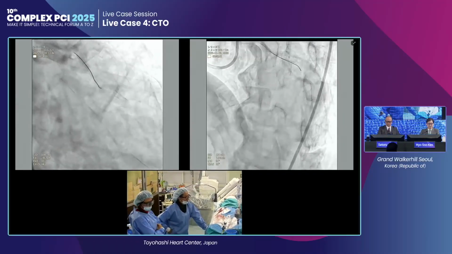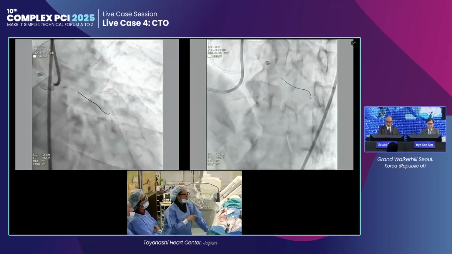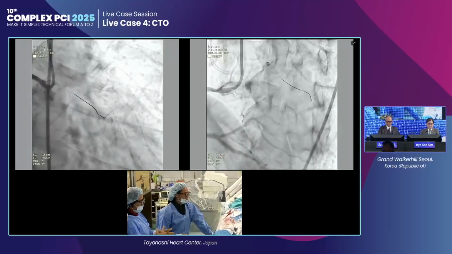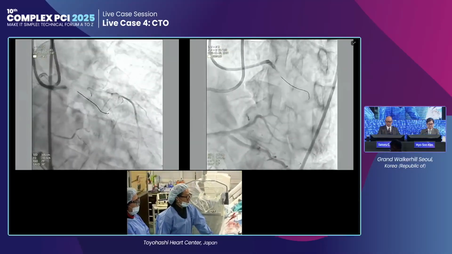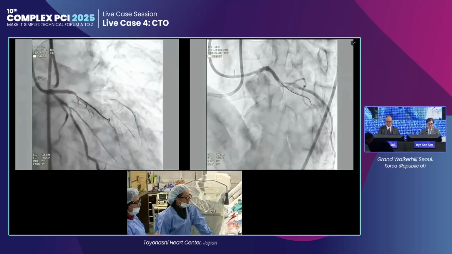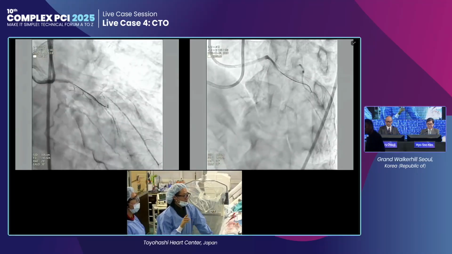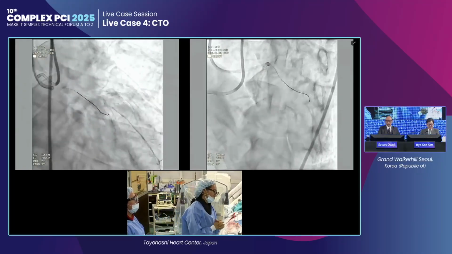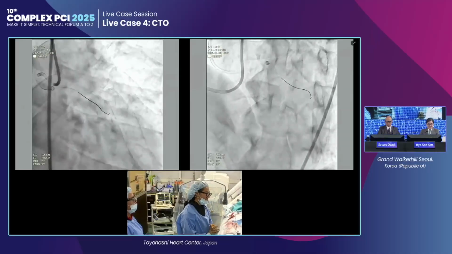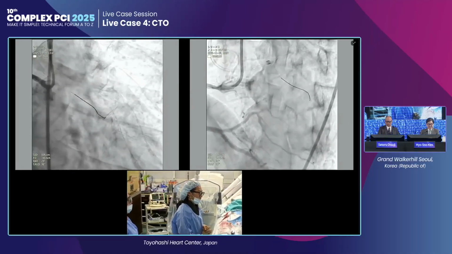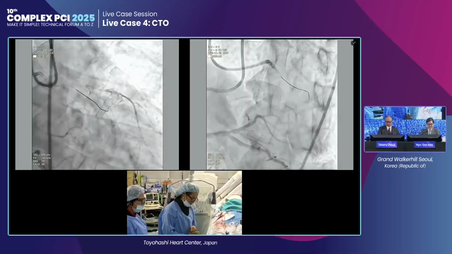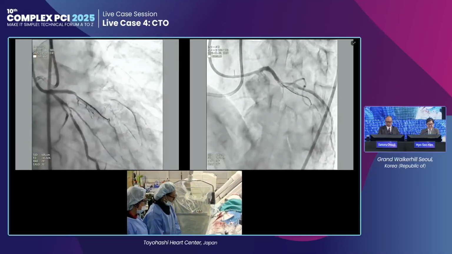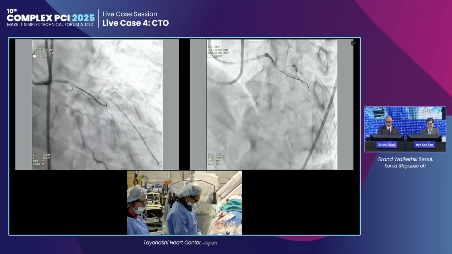This is the bidirectional angiography. The CTO segment is very short. However, the distal segment is a little bit ambiguous and includes a bifurcation. This is our case. Please discuss the case.